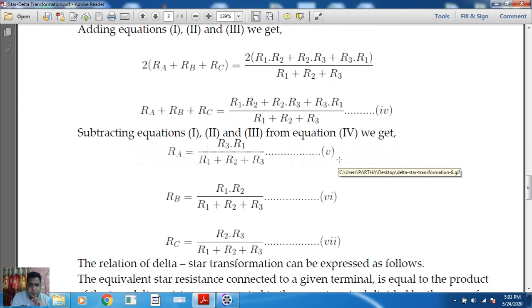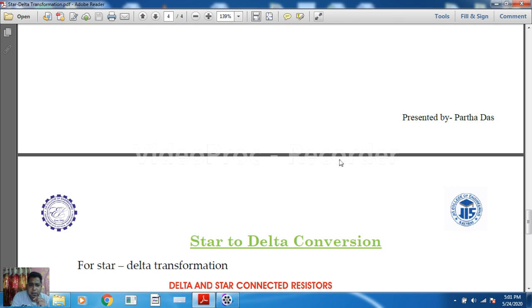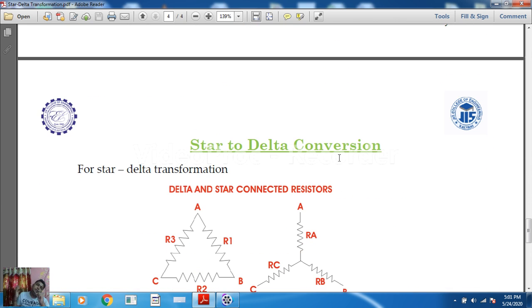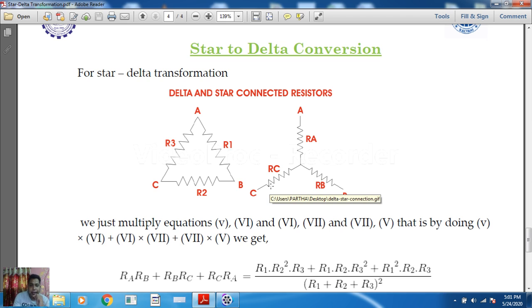For those three equations, now the knowns are RA, RB and RC, as they are the resistance values of the star circuit, and we have to find R1, R2 and R3. Those are the unknowns.